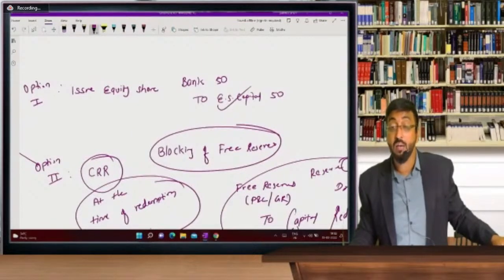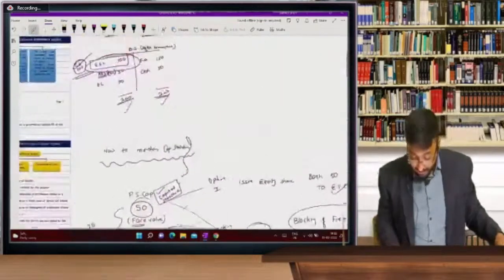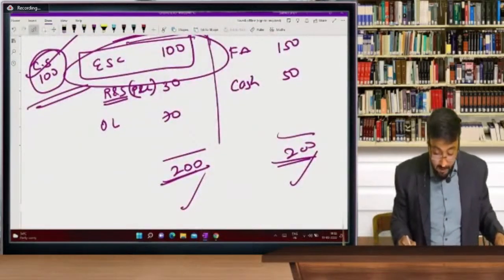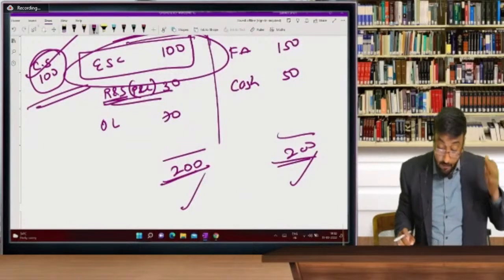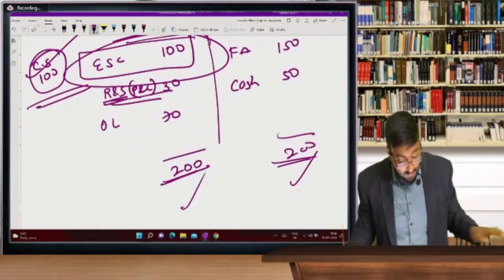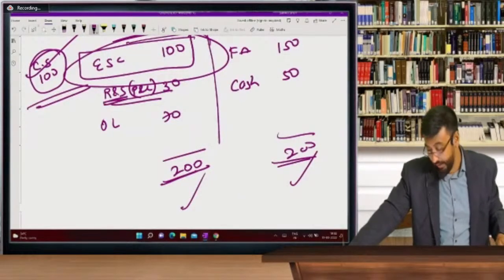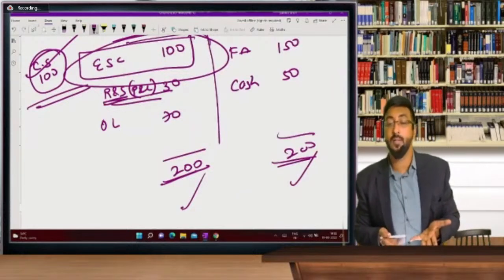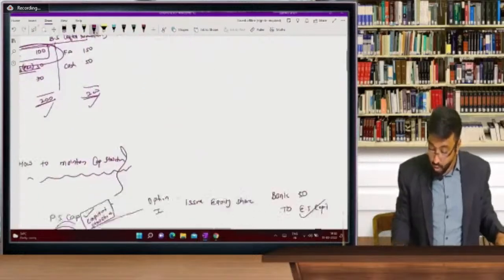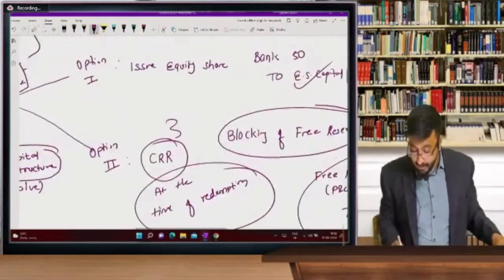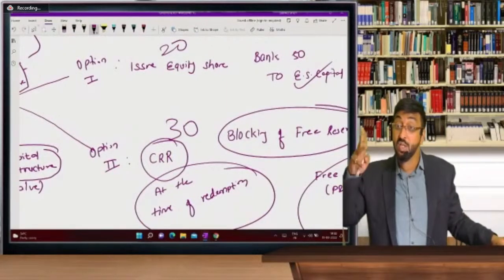Or second option, we reduce free reserves. See, in our example we have not considered free reserves, but we have availability of free reserves of only 30 rupees. So if I decide to use free reserves, the maximum will be 30 and equity shares will be 20. So combination is a third option.